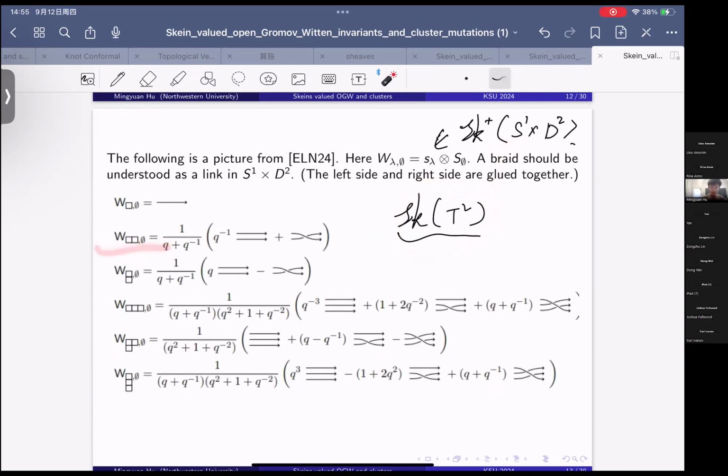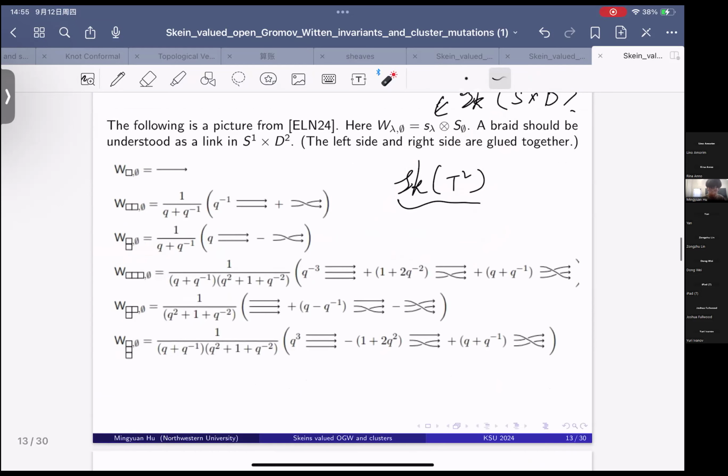This is just a symmetric function, and I'll introduce this later. So this thing has an action on the ring of symmetric functions. So you should view this as not the solid torus but the real torus.